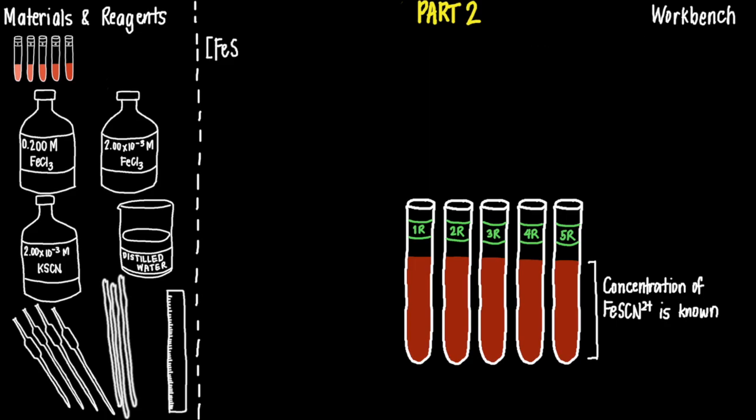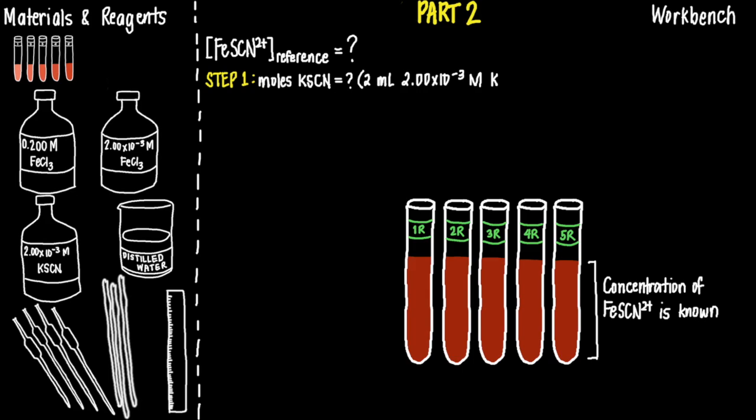Therefore, we can simply calculate the concentration of iron 3 thiocyanate ion in the reference solution using the following steps. Step 1. Get the moles of potassium thiocyanate from the given. Step 2.